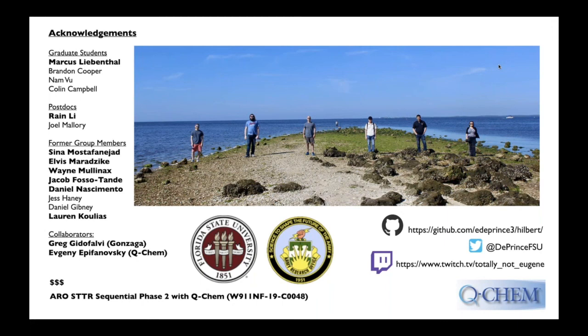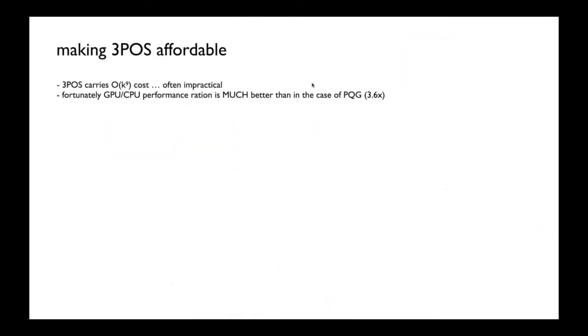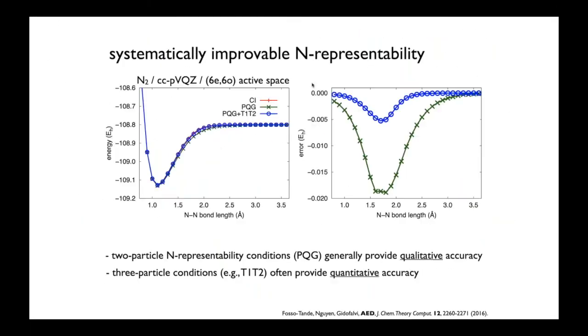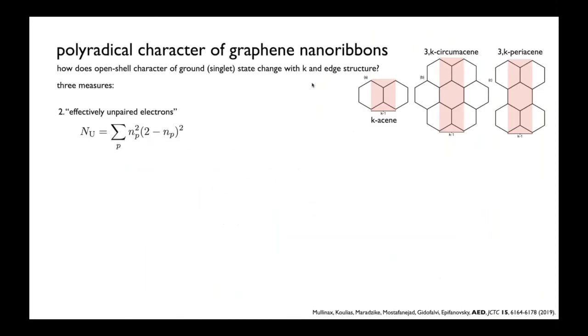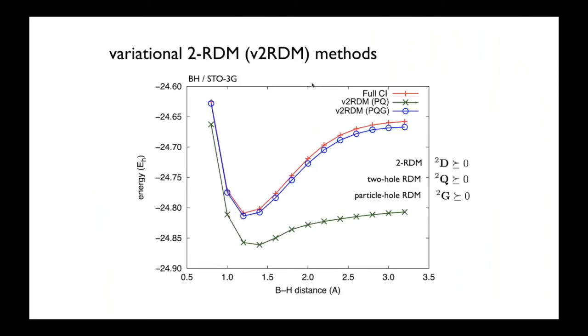That's a really excellent question. You might recall I had the curve for BH dissociation at the very beginning of the talk, and I mentioned that the dissociation limit wasn't quite right. So the dissociation limit here isn't quite right.